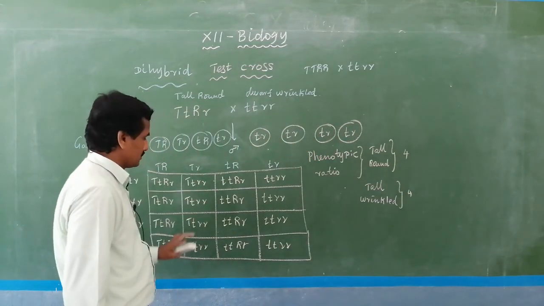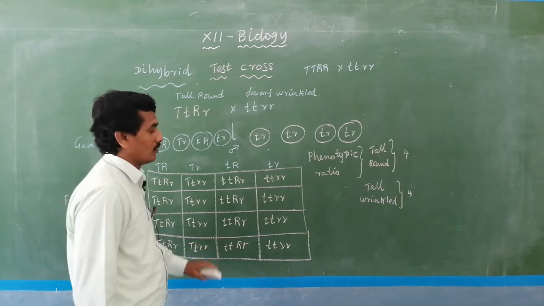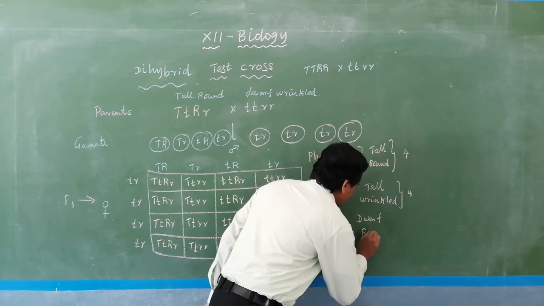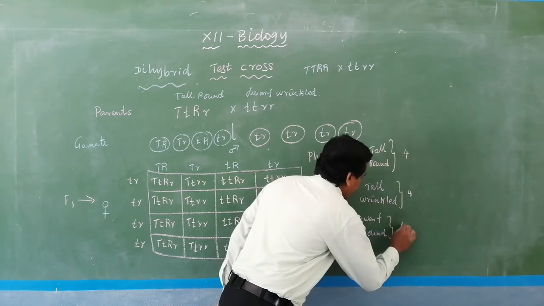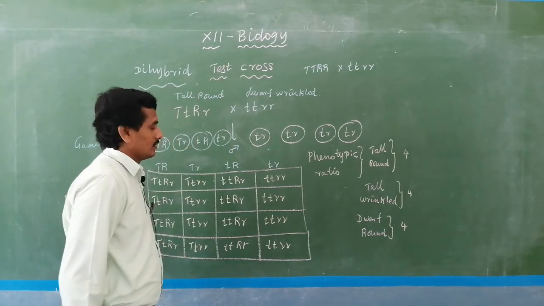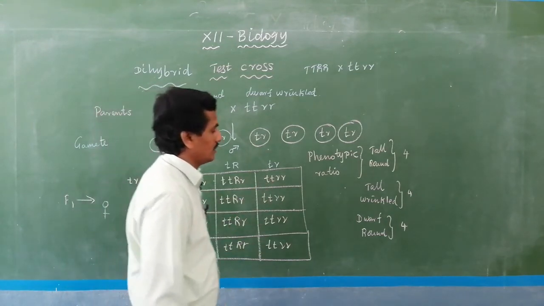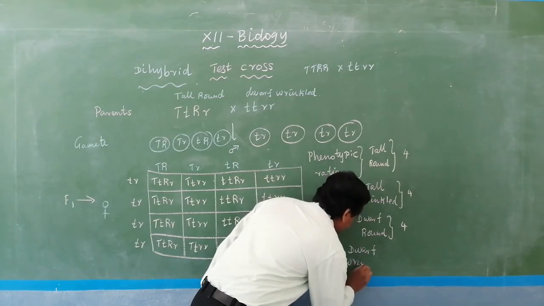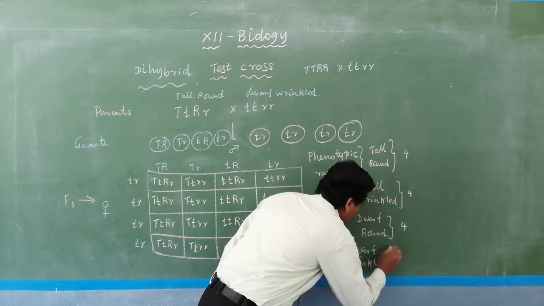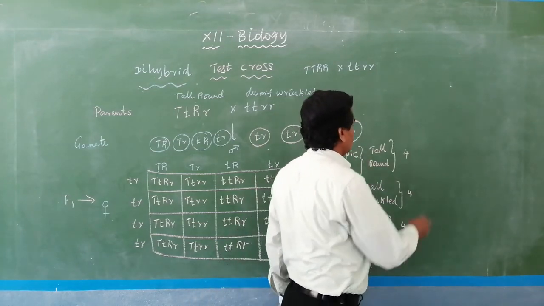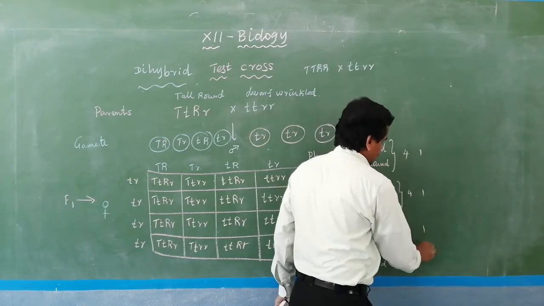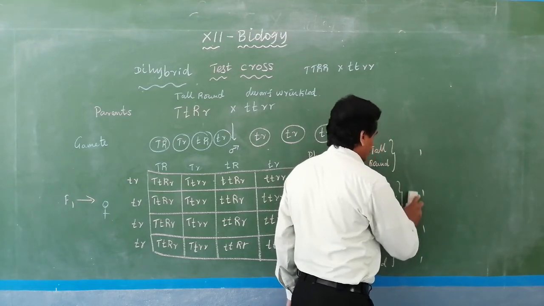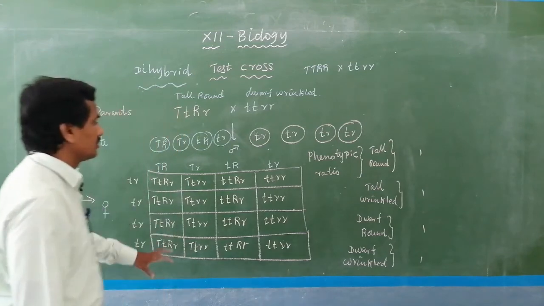Here dwarf round, 4, and dwarf wrinkled, 4. You simplify it, it means 1:1:1:1. This is only the simplified form. So, in the dihybrid cross, this is a test cross.